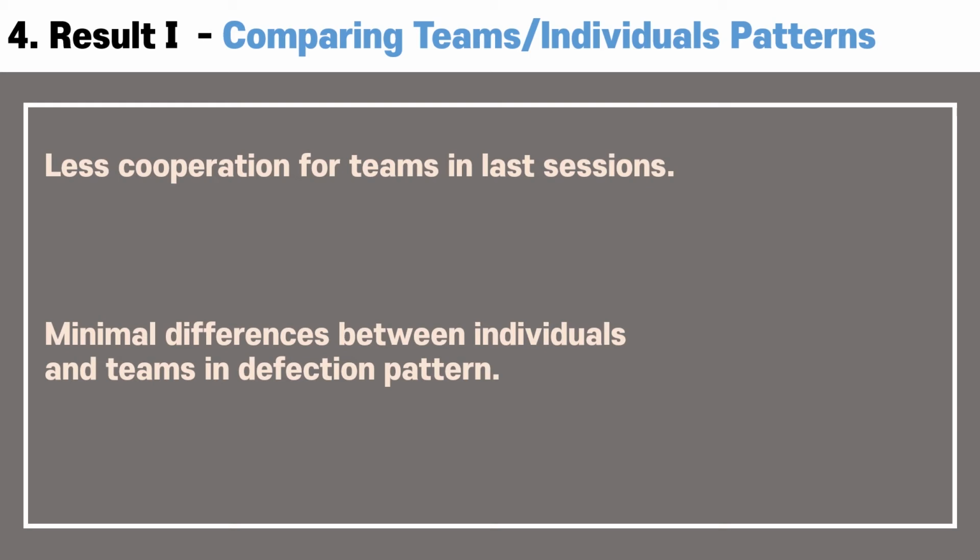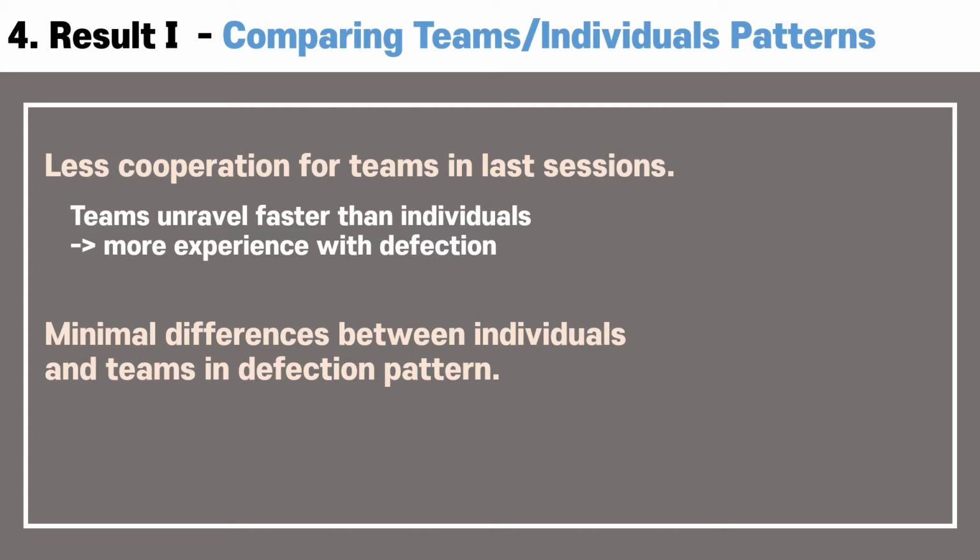Another pattern shown is that significantly less cooperation is shown for teams than individuals in the last few sessions. There are two explanations for this pattern. First is that teams unravel faster than individuals.